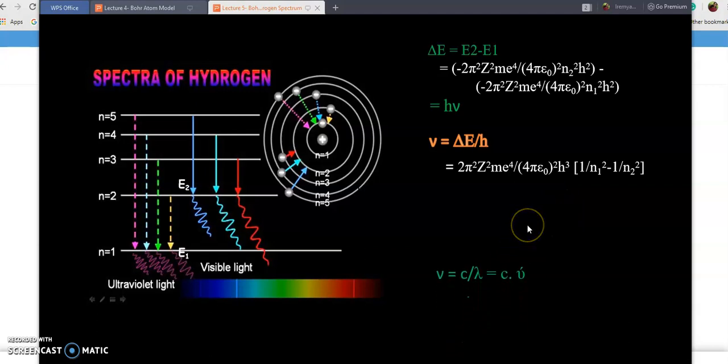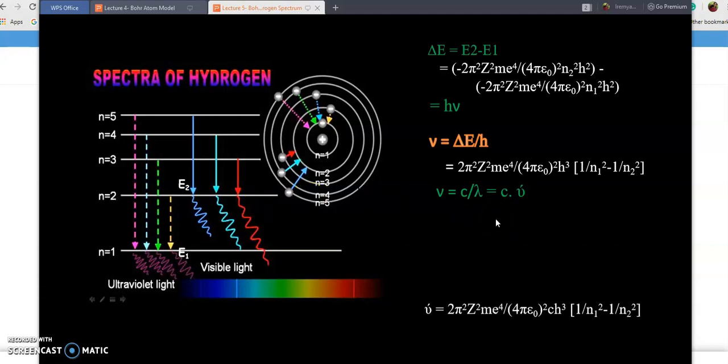We know the frequency equals velocity of light by lambda, which is c into 1 by lambda, where 1 by lambda is nu bar, the wave number. It is the reciprocal of wavelength. Always in spectral transitions we represent the spectra in wave numbers, not in frequency.